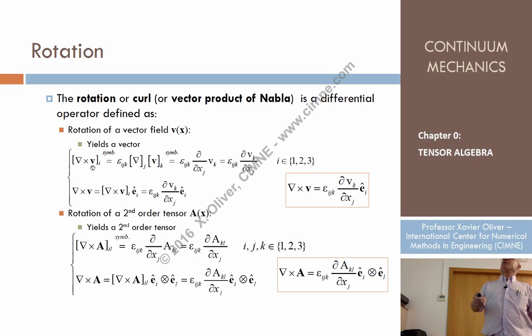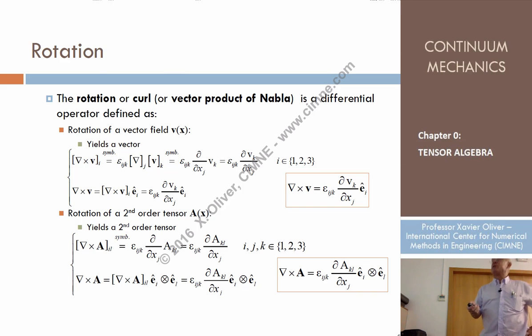Then, for the cross product, we know that one way of defining it is using the permutation symbol. So we said that the component i of the vector product of two vectors is another vector, the one which is orthogonal to the two, following the screw rule and so on.